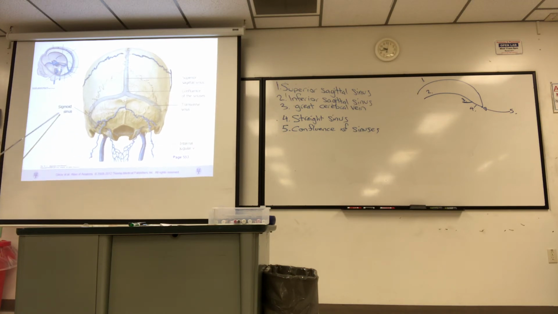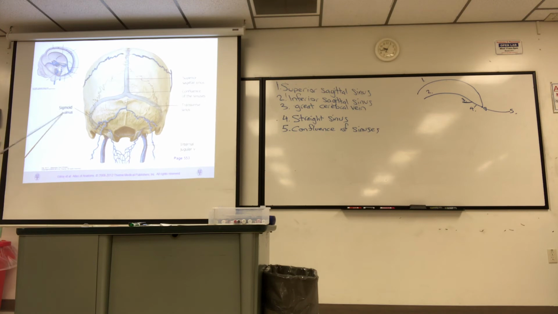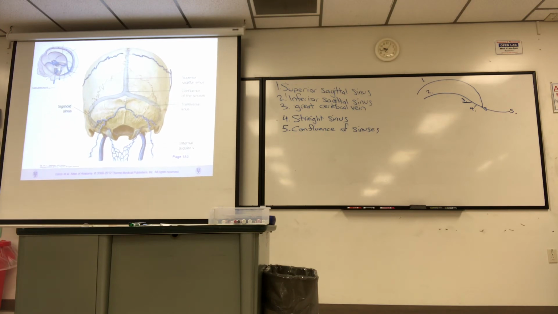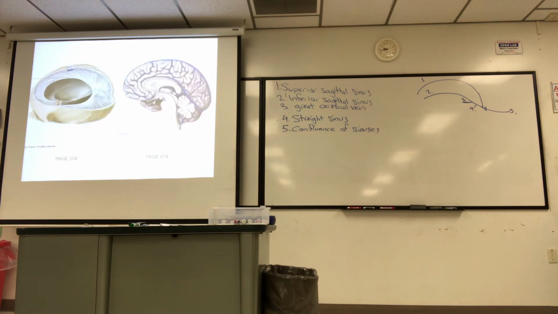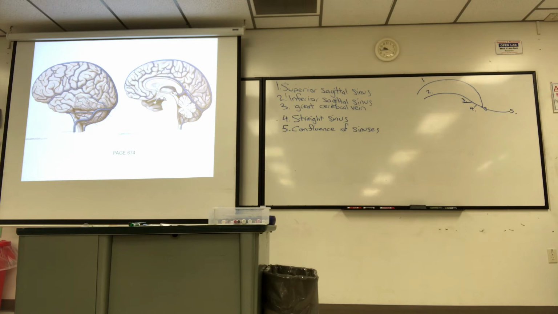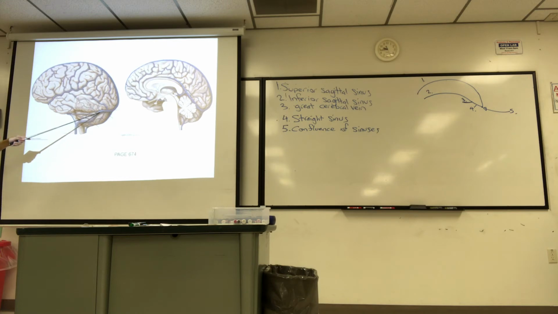It's called the sigmoid sinus. Sigmoid means S-shape. You can see it there. This slide is pretty good: confluence of sinuses, transverse sinus, and the S-shaped thing is the sigmoid sinus.